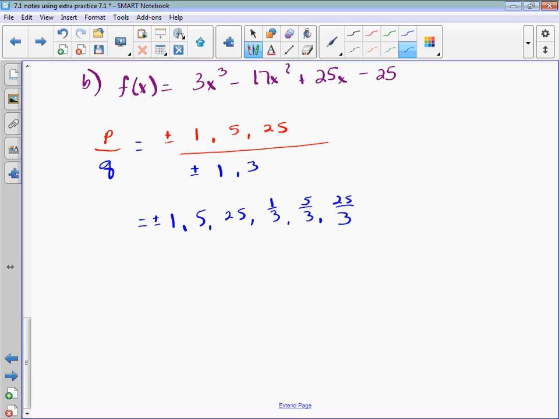Right, so this is the list of all possible rational zeros. There might only be one of them that works, and you have two imaginary. Okay. All right. How do we do on this one, guys? Plus or minus 1, 5, 25, 1/3, 5 thirds, 25 thirds.